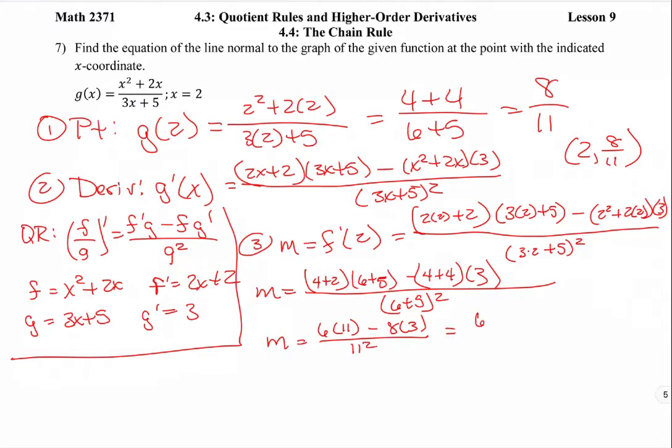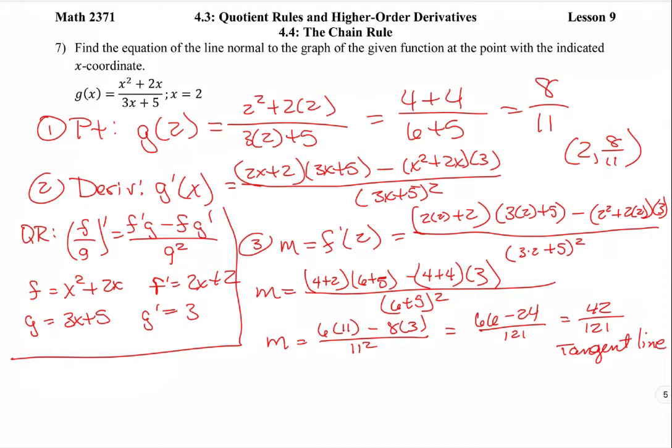So that's 66 minus 24 over 121. So that is 42 over 121. This is the slope of my tangent line.